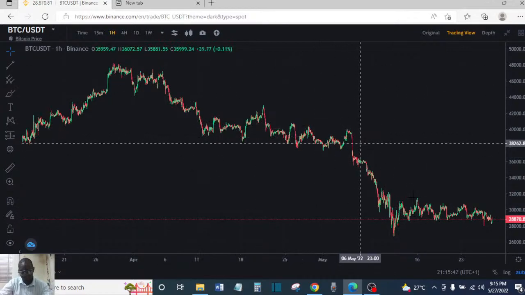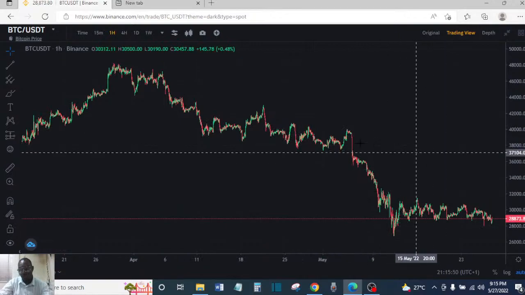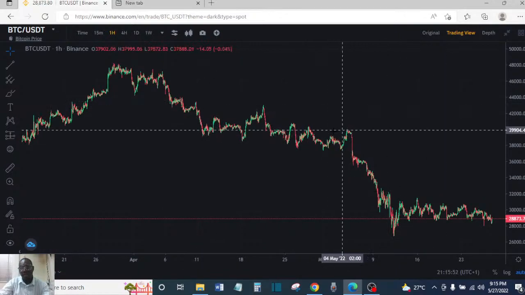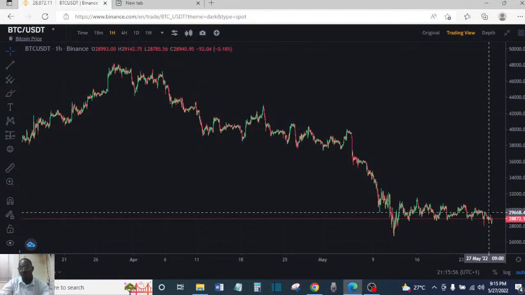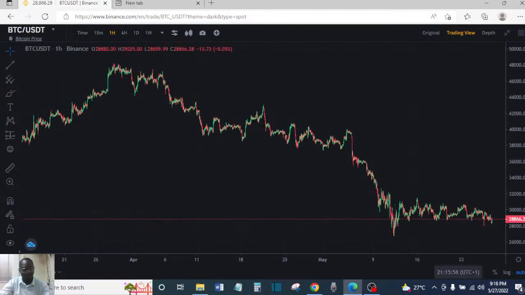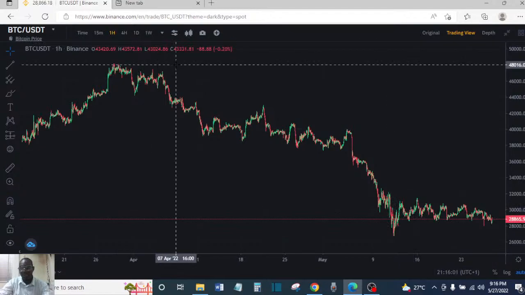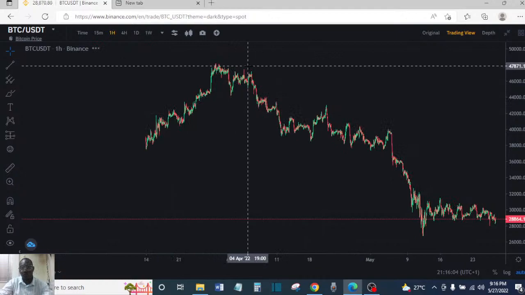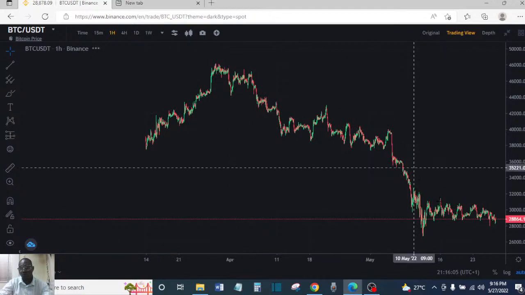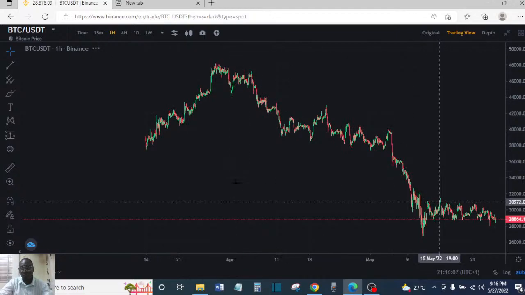There are a lot of stops showing there is a lot of money, from $20,000 up to $40,000, up to $50,000, that they need to take out if they have to go that far.